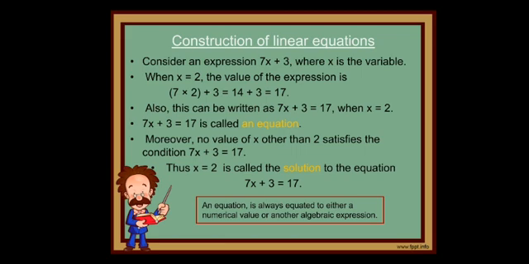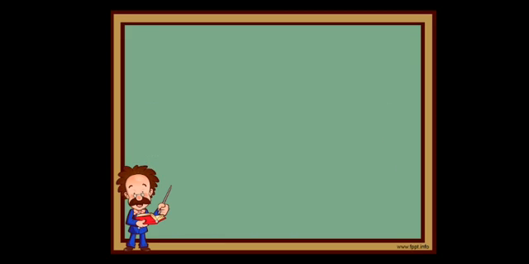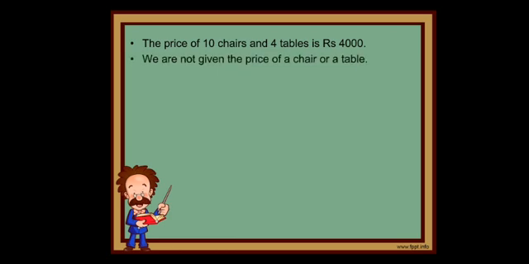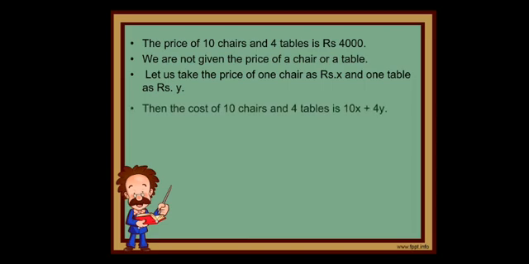Now we'll see examples. The price of 10 chairs and 4 tables is rupees 4,000. We don't know the price of the chair or a table. We'll take the price of a chair as x rupees and the price of a table as y rupees. So the price of 10 chairs and 4 tables will be 10x plus 4y.